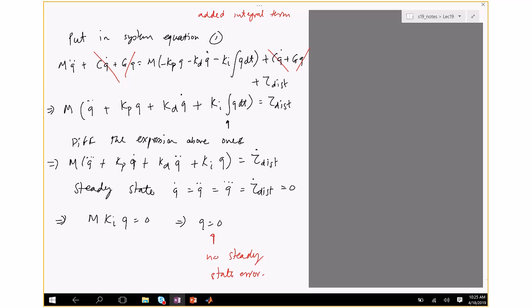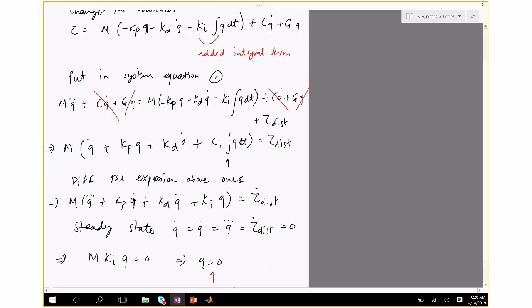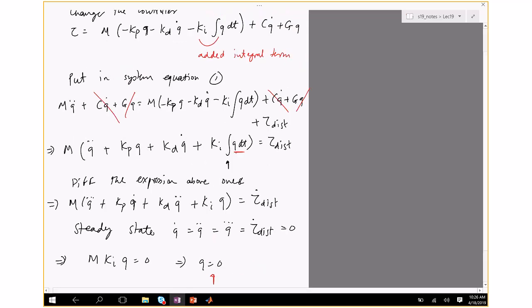Okay, so how do we implement this? One way of implementing this in hardware is you'll actually take q, which is the position, and add it every instant of time. So you generate that sum.